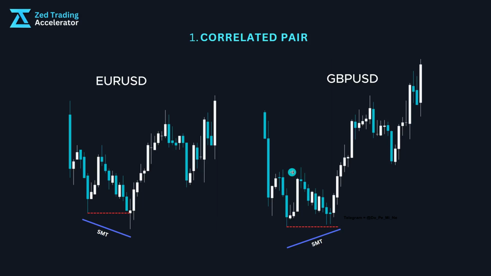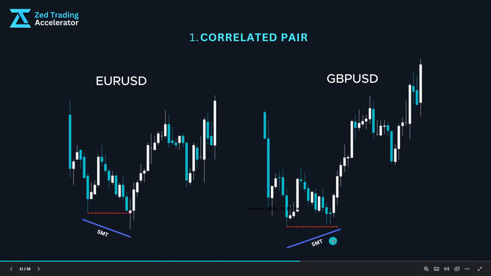But as we can see, price failed to take out this sell side liquidity, showing us a crack in correlation. As we can see right here, we have a lower low, but here we failed to produce a lower low. Now we have an SMT divergence.